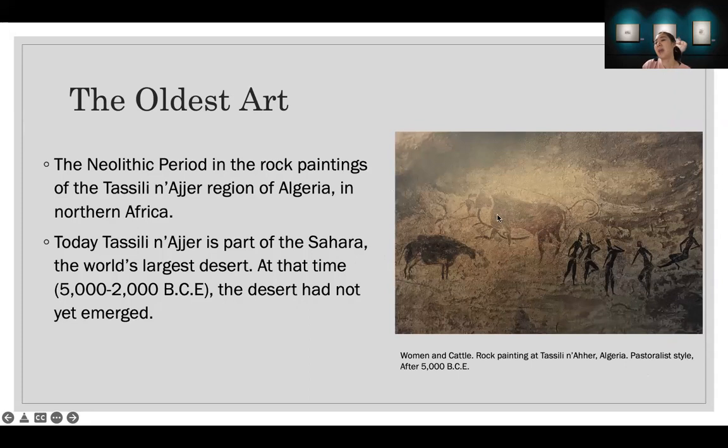This is the first painting the scholars found. This is daily life of the Neolithic period in the rock paintings of the Tassili n'Ajjer region of Algeria in northern Africa. Today, Tassili n'Ajjer is part of the Sahara, the world's largest desert.